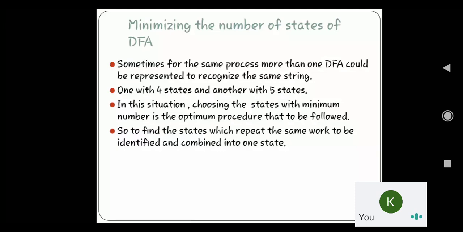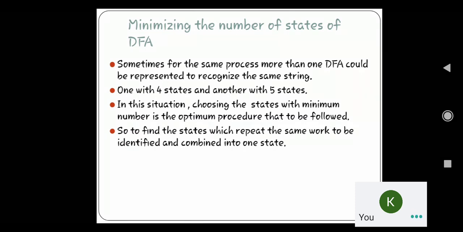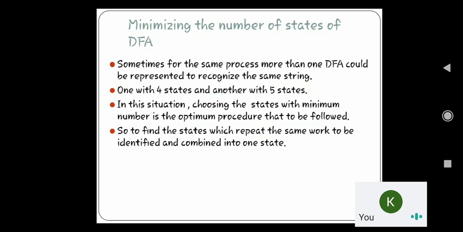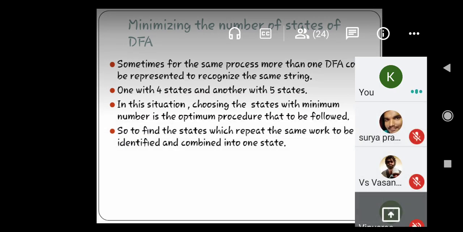For example, if two states are doing the same work, we merge those two states into one single state. That's about merging. So automatically we reduce the number of states. So this is what I want to explain to you.